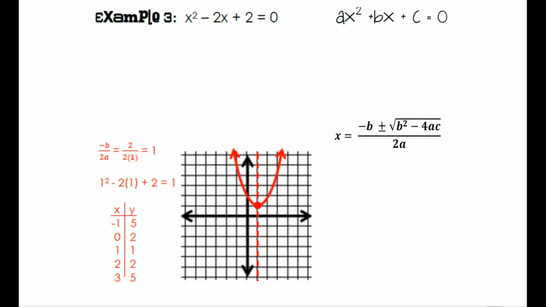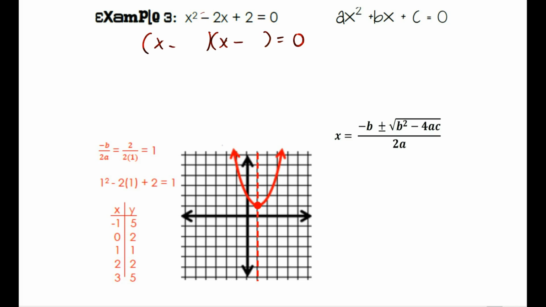The next one, x squared minus 2x plus 2. So let's try to factor this bad boy. So I end up getting x and x equal to 0. You're telling me I can multiply two numbers together which will have the same sign, which would be a negative and a negative, because this is negative.